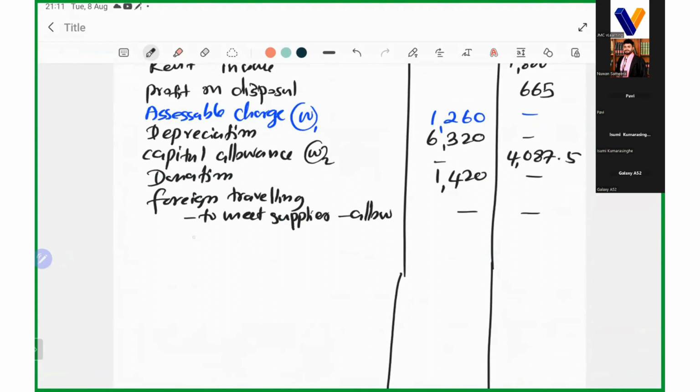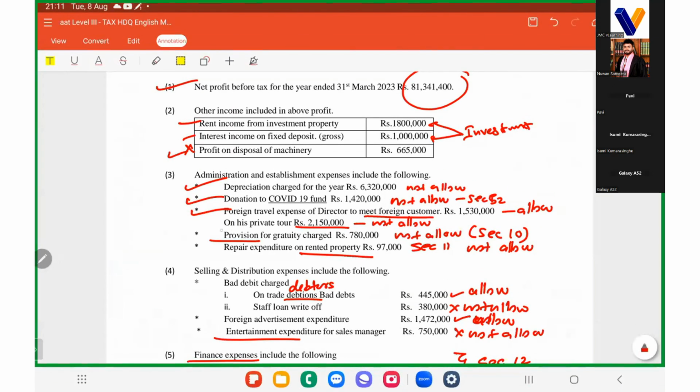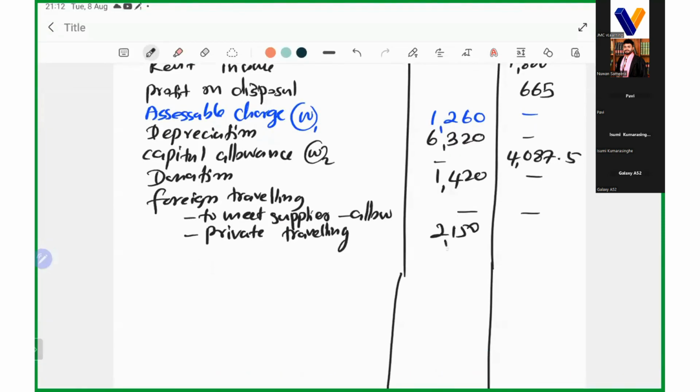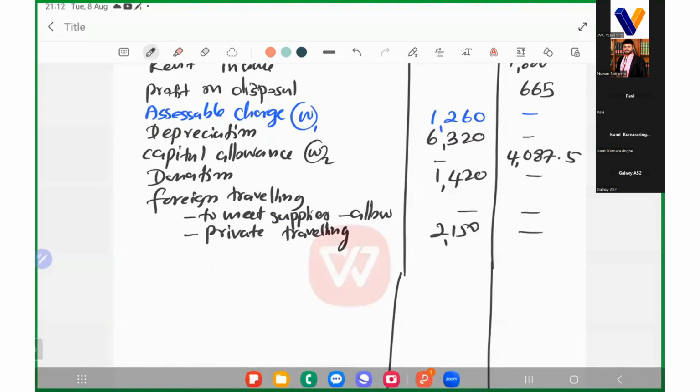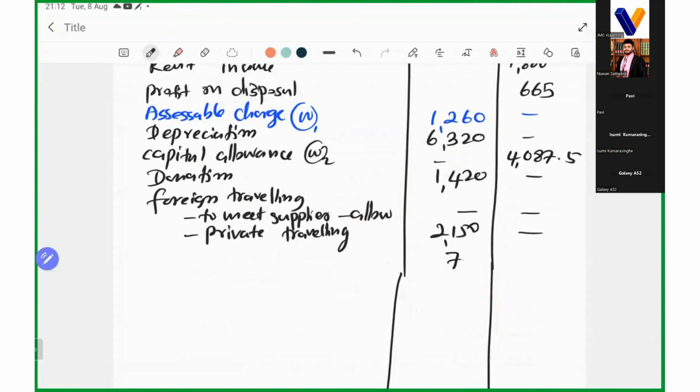The second one, private traveling, that is not allowed, so you need to add back. How much? 2,150. The gratuity provision, 780, not allowed.